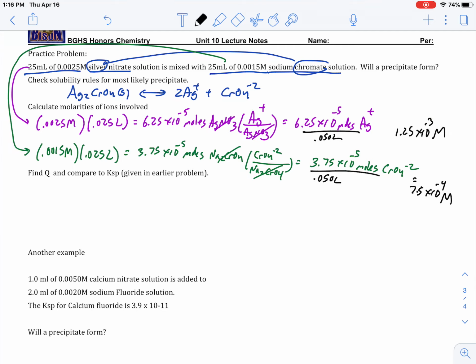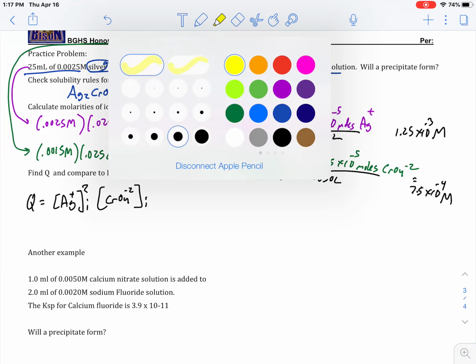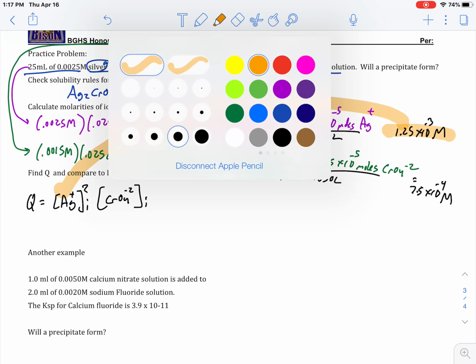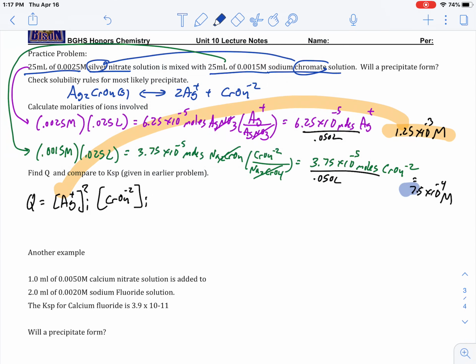Okay, let's solve for Q. Let's go ahead and substitute. This goes into here. This goes into here.